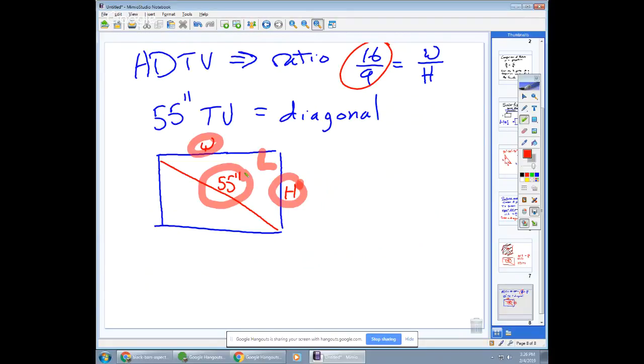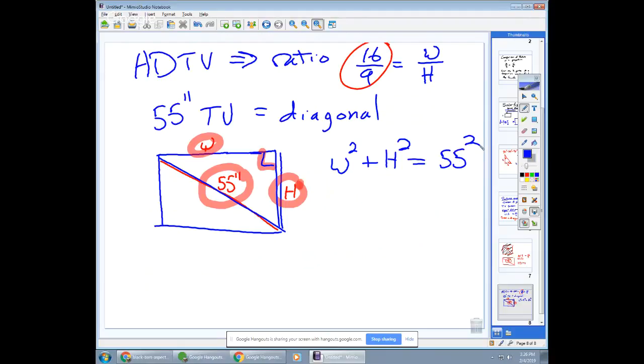Something squared, the Pythagorean theorem. a squared plus b squared equals c squared. Yeah, the Pythagorean theorem tells us that if these two are at right angles to each other, then they have to have the following relationship: the width squared plus the height squared has to equal the diagonal squared. Right, and that's the Pythagorean theorem.